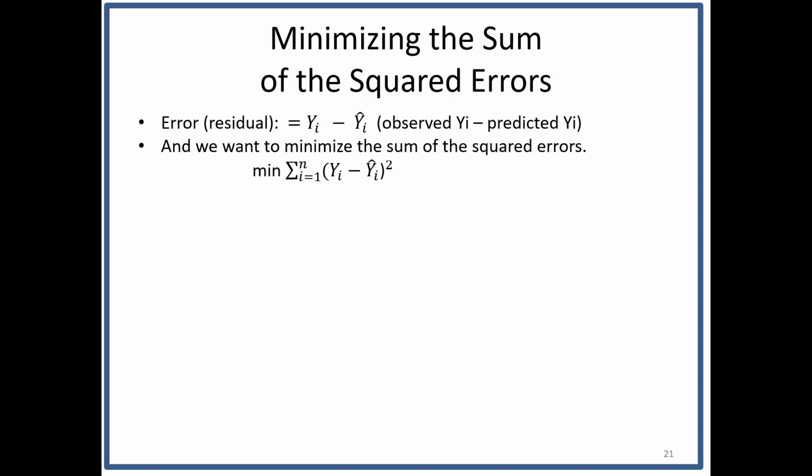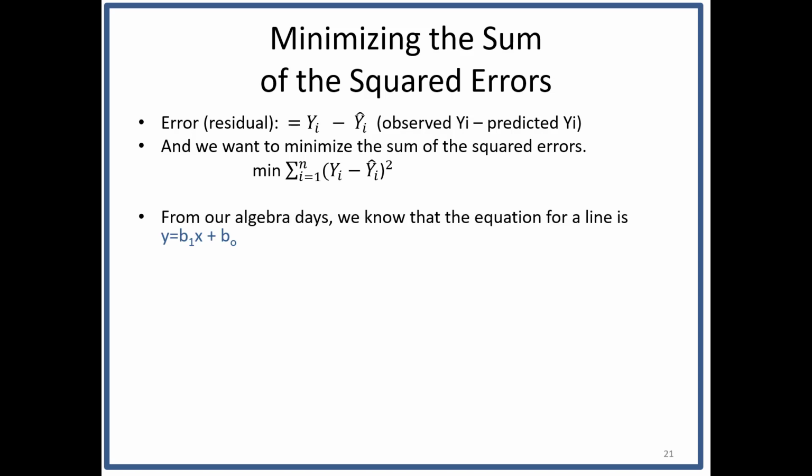So from our algebra days, we know that the equation for a line is y equals b1 times x plus b naught. You may be more familiar with y equals mx plus b. So in our case, b1 is equivalent to m, and b naught is b, where b1 is the slope and b naught is the y-intercept.